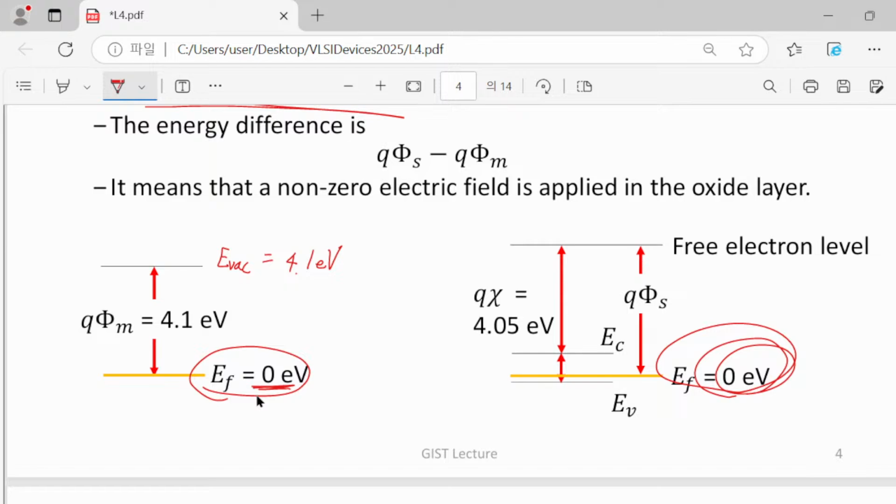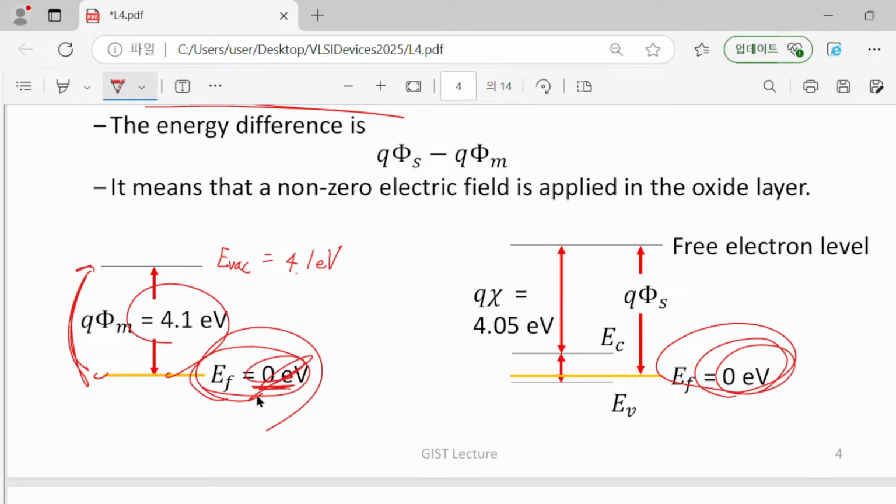This is not that difficult, because previously we know that the difference was 4.1, and if this lower one is 0, then of course the upper one will be 4.1. If I say that this is 1 eV, then that will be 3.1 eV. That's simple math. Since we are using the Fermi level as the reference energy, 0 electron volts, we will have 4.1.